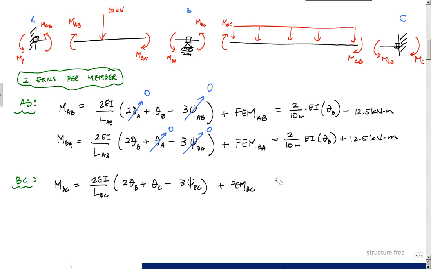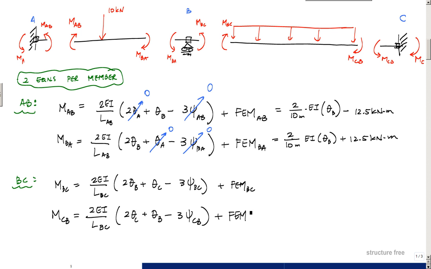And then MCB, and you can fast forward this if you want. It's just the same, it's just repetitive. That's the advantage of these slope deflection equations, you can just repeat this process over and over. But the reality is that if you're going to do structural analysis with so many degrees of freedom, it's just better to use a computer. But you've got to know what the computer does anyway, or at least try to check some answers.